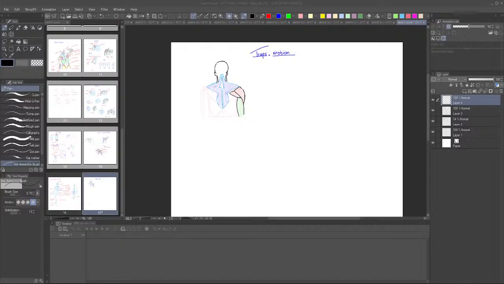Then tomorrow I think we're going to look at the ribs a bit. We're going to be drawing a lot of poses, a lot of them. So this is not a typical anatomy class. It's mostly drawing with regards to animation. So we're going to do more ribs tomorrow.